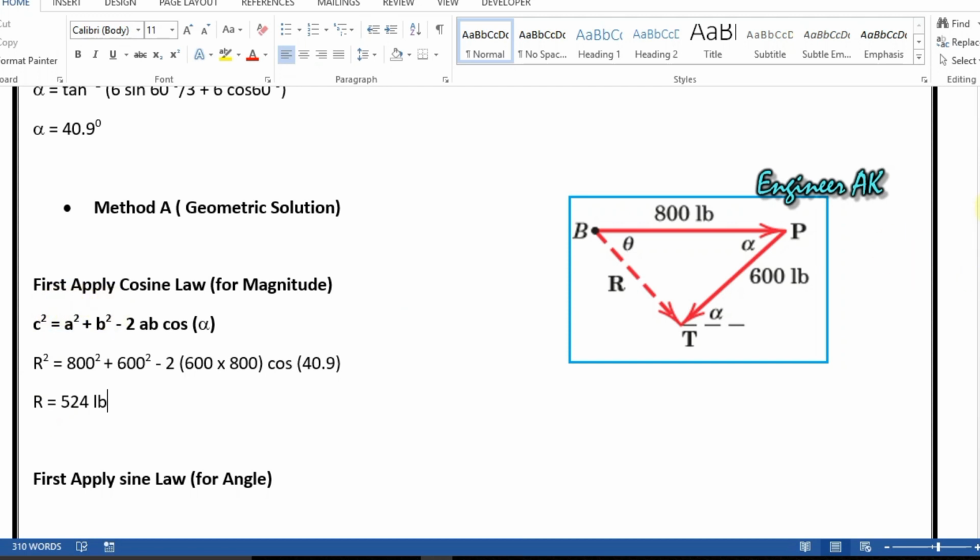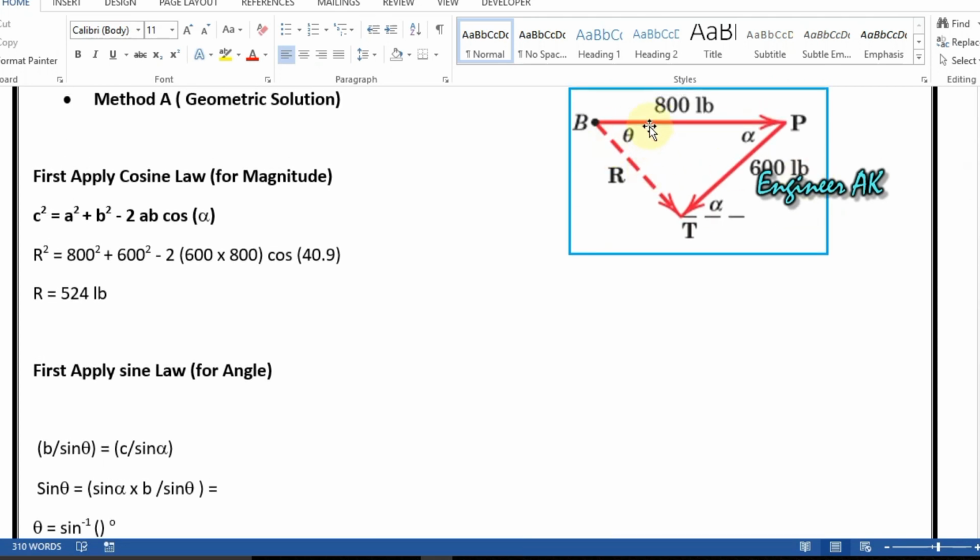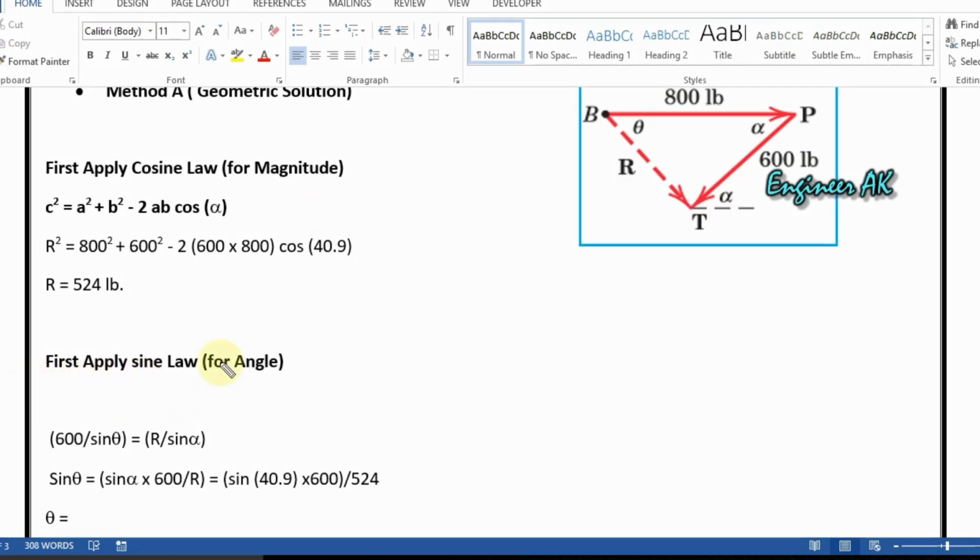Now we will also find the angle that the resultant vector is making here, this theta. For that, we apply the sine law for finding this theta angle. So 600 divided by sine theta, and in front of it is r divided by sine alpha.